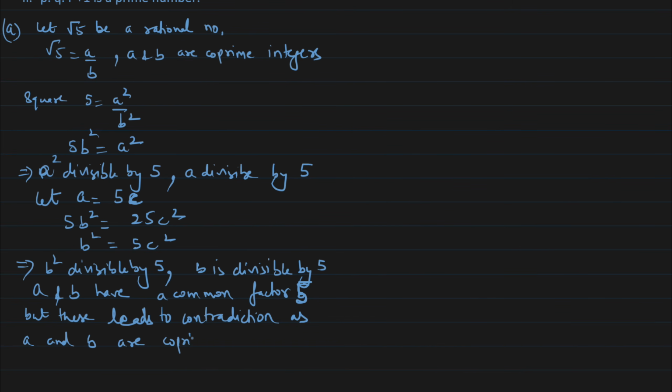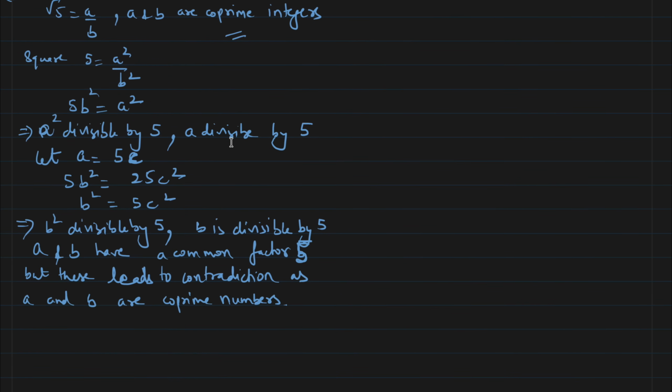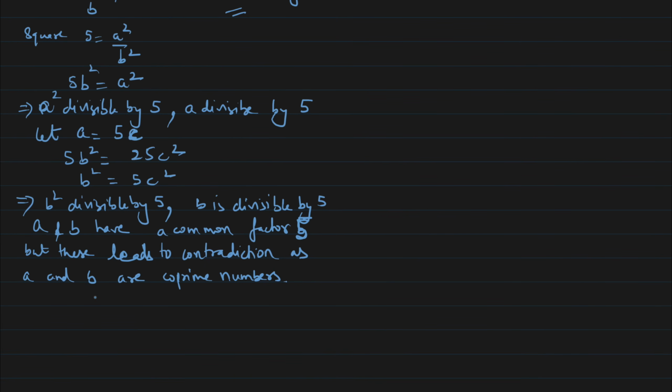We said in the beginning that they are co-prime integers, right? So what do we say? Hence our assumption was wrong. Therefore root 5 is an irrational number. Hope this is clear, students.